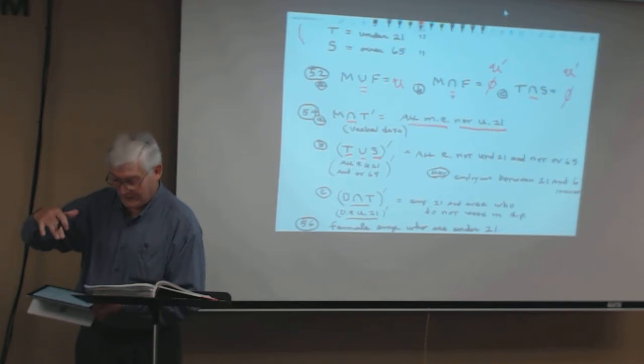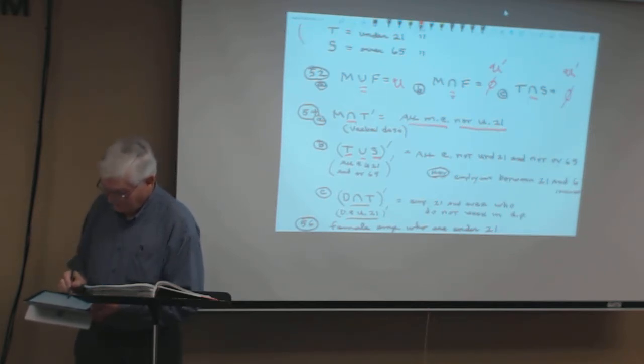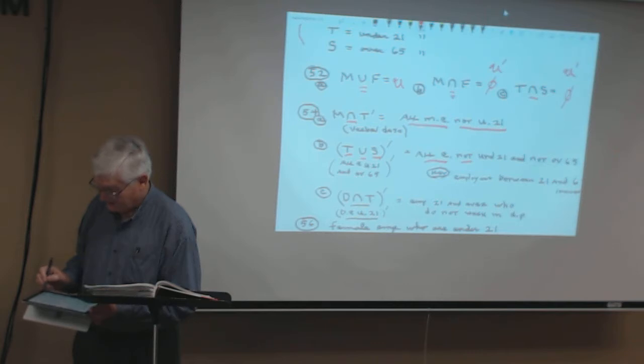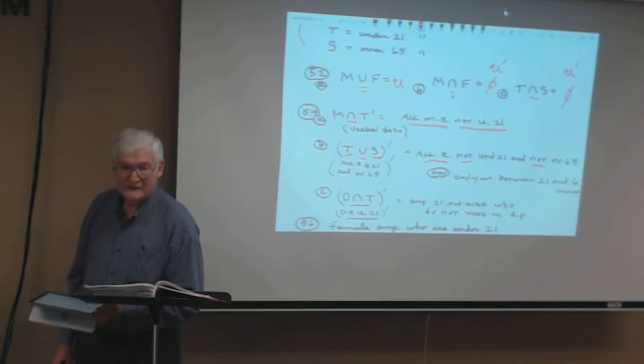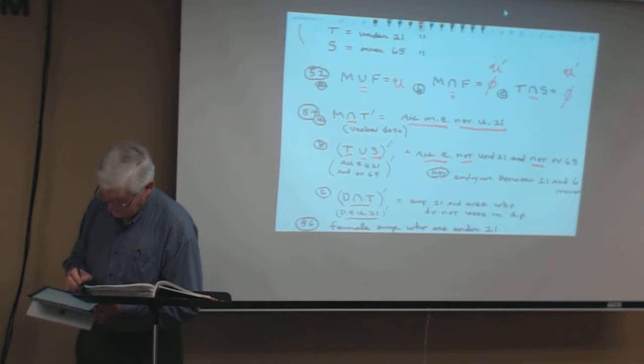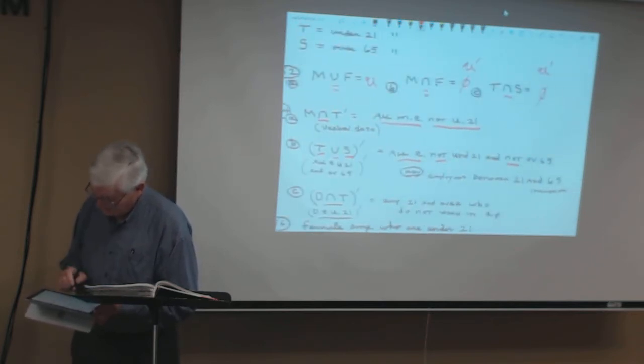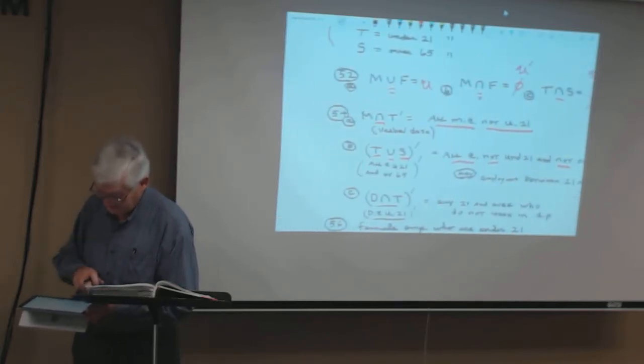The complement of that would be all of the employees that are not under 21 and not over 65. The key said employees between 21 and 65 inclusive. Means the same thing, just said it differently.